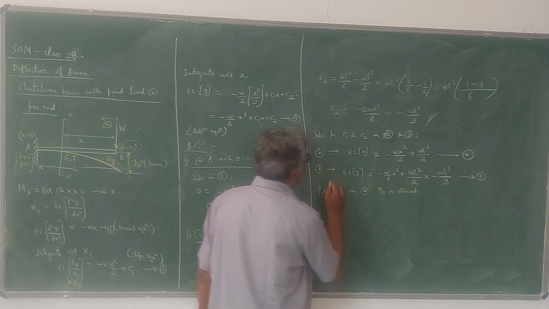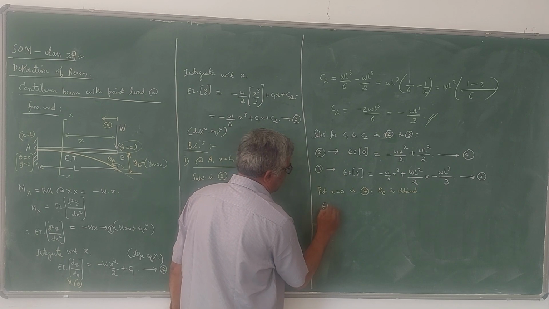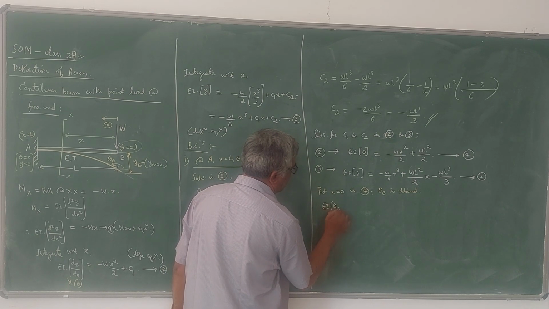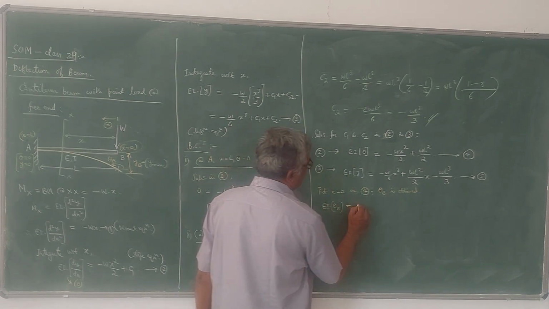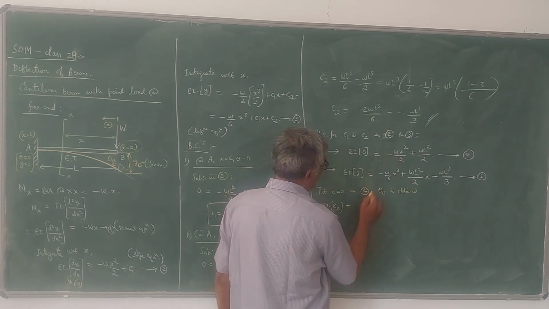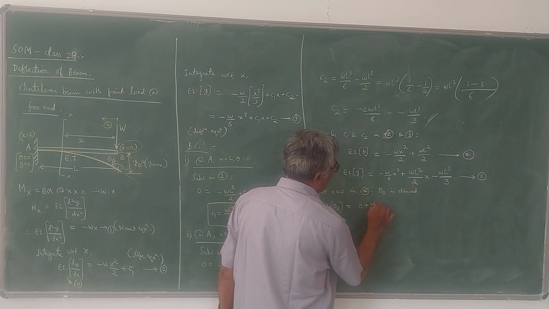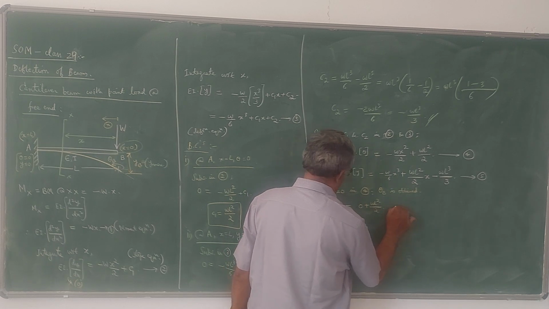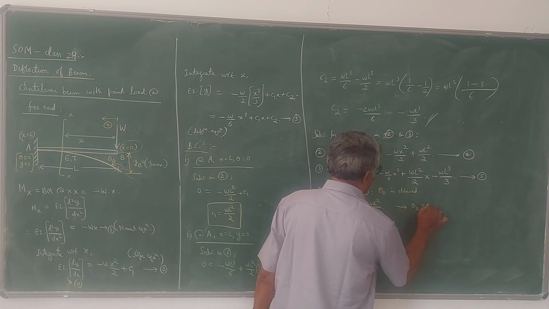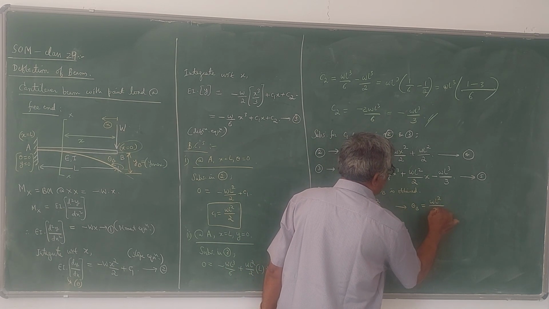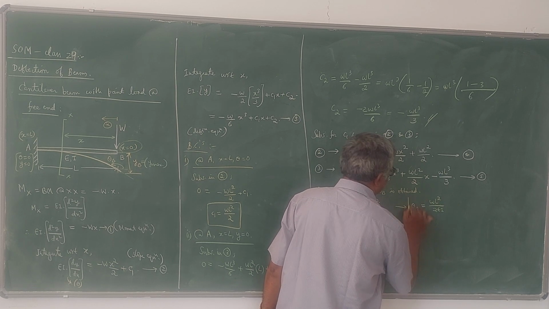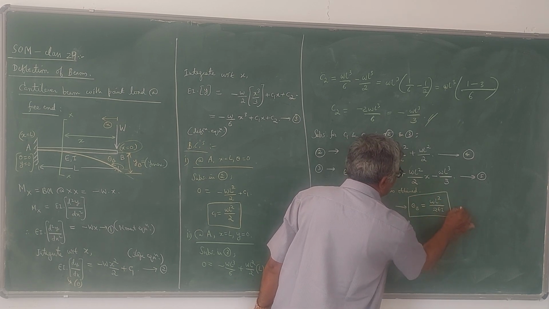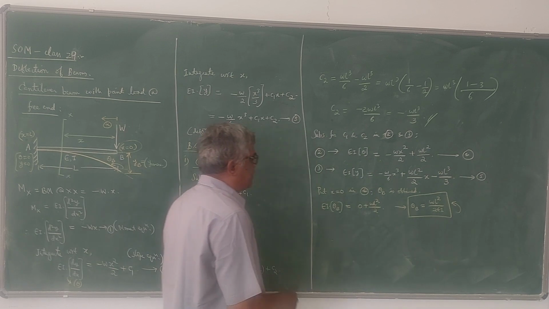So LHS becomes EI into theta b is equal to, put x is equal to 0 here, this term becomes 0, plus W L square by 2 you will get. Or in other words theta b is equal to W L square by 2EI. You can see that the value is positive, that means the slope is anticlockwise.